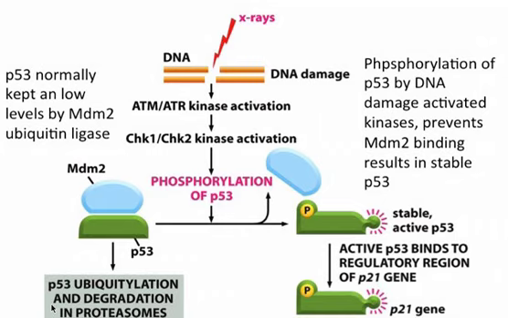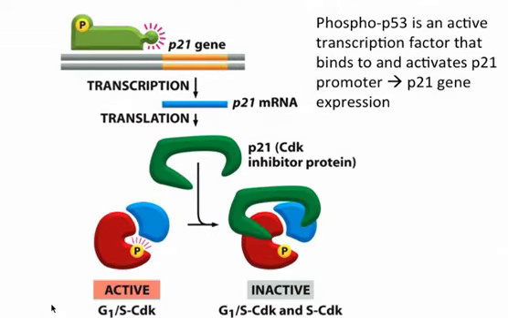And so P53 is stable and active, and it can go on to activate gene expression. It activates P21, a CKI, and that will bind and inhibit G1/S or S CDKs, so they can't push the cell into the cell cycle. Any questions? I know, it's so easy, right?